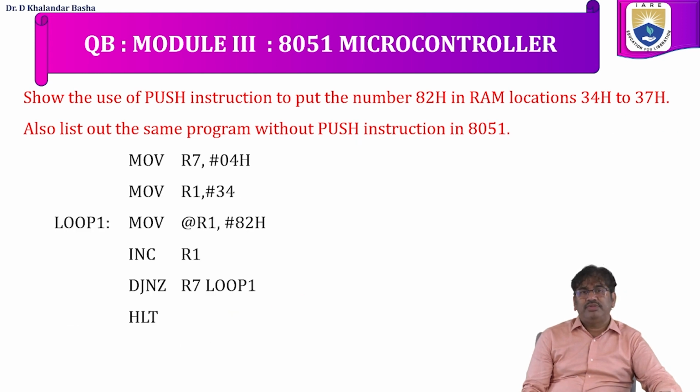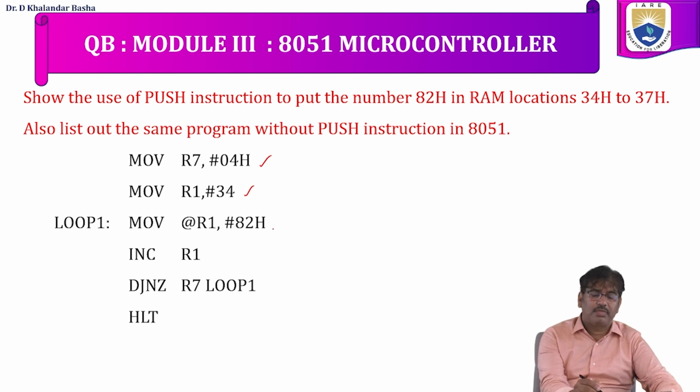The same program we will see without using the PUSH instruction. MOV R7, #04H. The starting address we are going to load into R1, MOV R1, #34H. The immediate data we are going to load into the internal memory by using MOV @R1, #82H. Then we have to increment R1 for pointing to the next memory location.